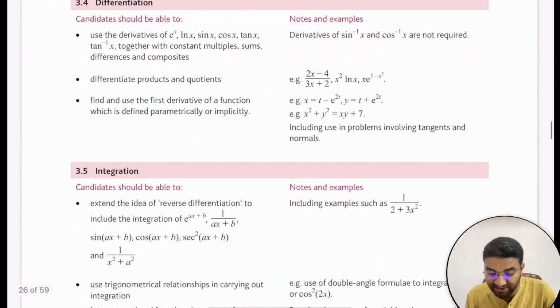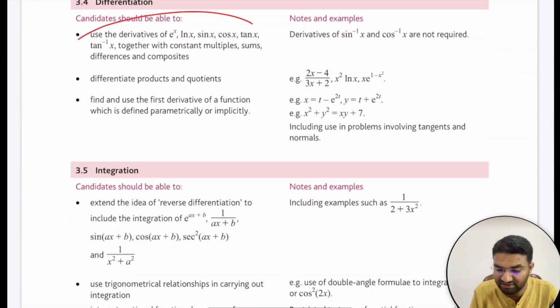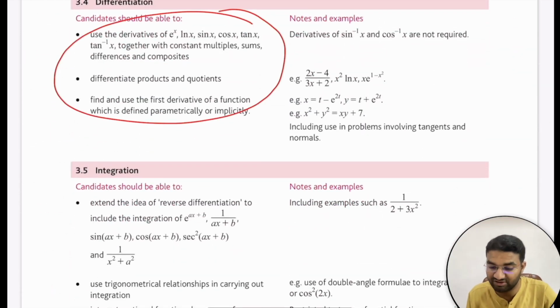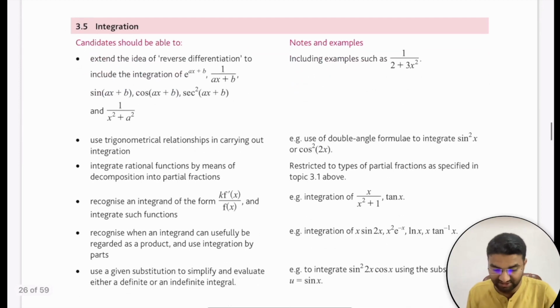Then next, differentiation. Here again you have e raised to x, ln x, cos x, tan inverse x, product rule, quotient rule. Then for integration you have trigonometric integration, exponential and logarithmic integrations. Okay.